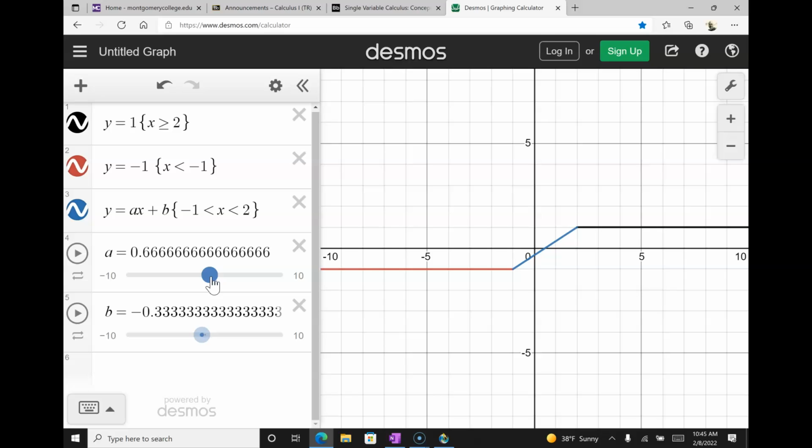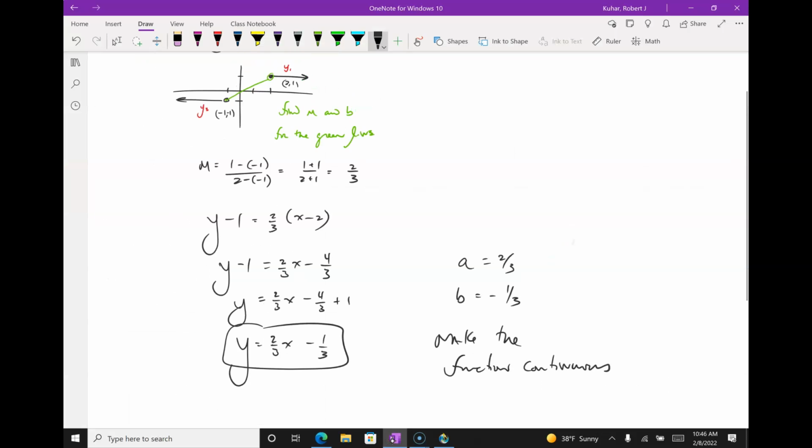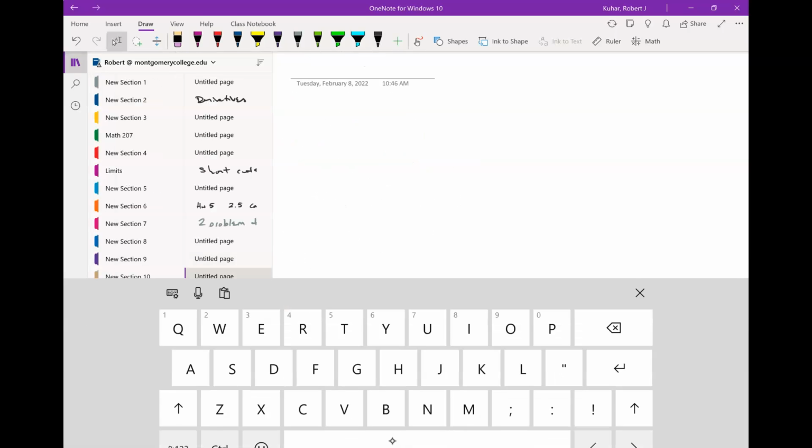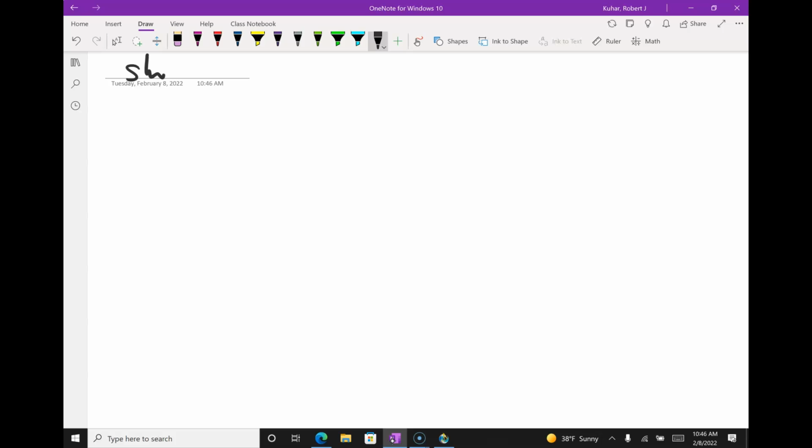Let's see if my definition of continuity holds up for this picture, okay? So show f is continuous everywhere, right? And what did I have?